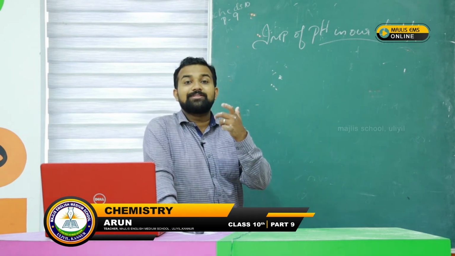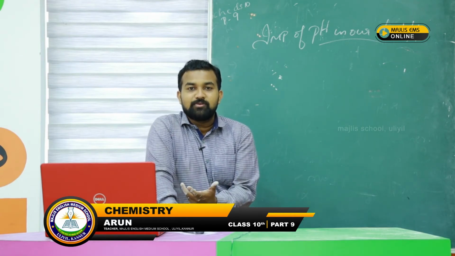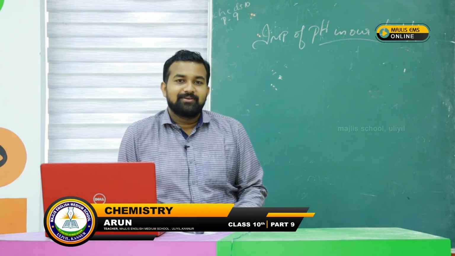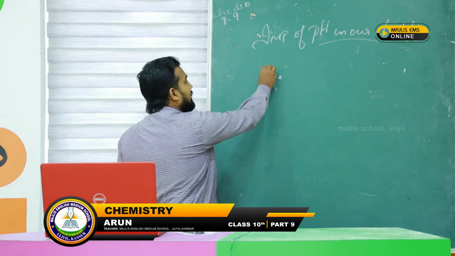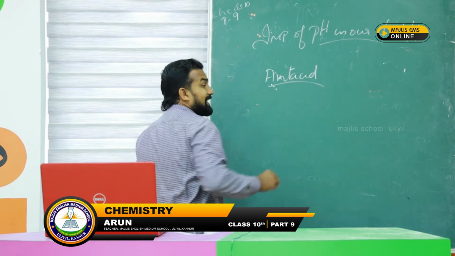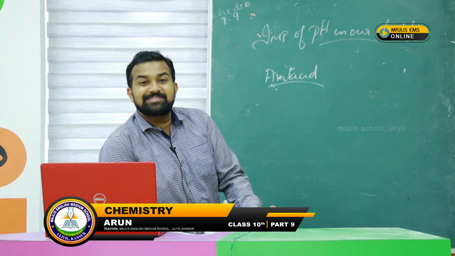Okay, so what will the doctor prescribe you? The doctor will say that you will take a tablet and it is called antacid. What is this antacid? Against acid. And what is that? That is a mild base.